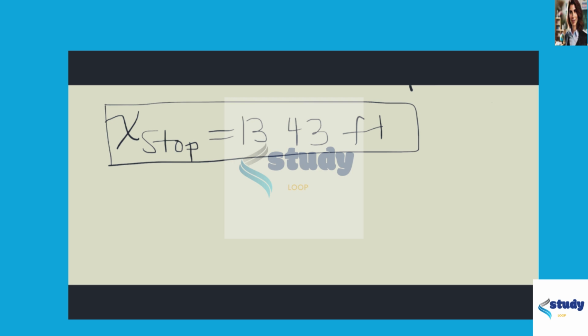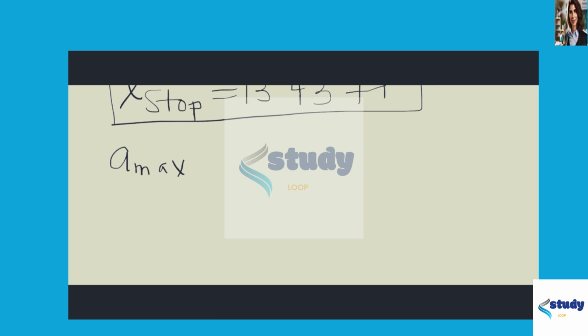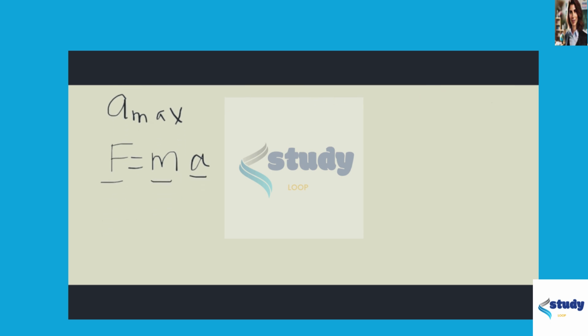Moving forward, we're also asked to find the maximum acceleration. Now, looking at Newton's second law, F equals ma, you can see that to get the maximum acceleration, we need to maximize the force because the mass of the car is going to be the same. So A max will be equal to F max over m.